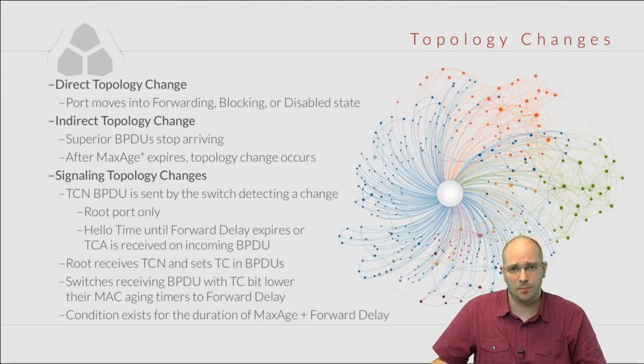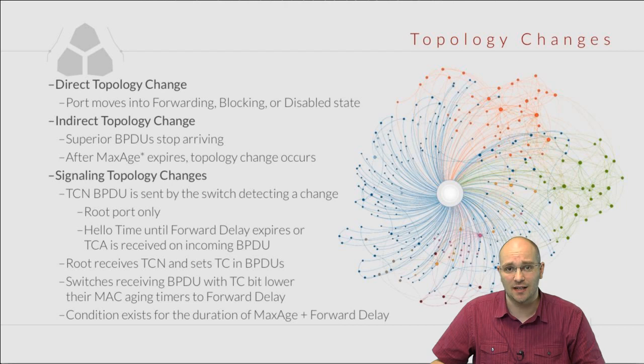An indirect topology change is a condition when a switch stops receiving superior BPDUs on one of its ports. When this happens, the first thing that needs to happen is that the max age timer needs to expire. Once the max age timer expires, that means that we have not been seeing the superior BPDUs for the duration of the max age.